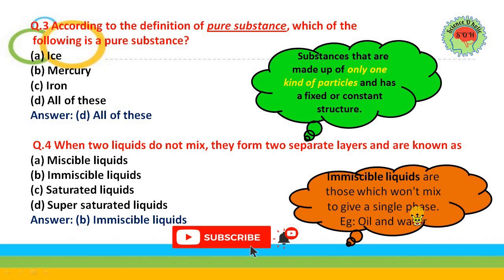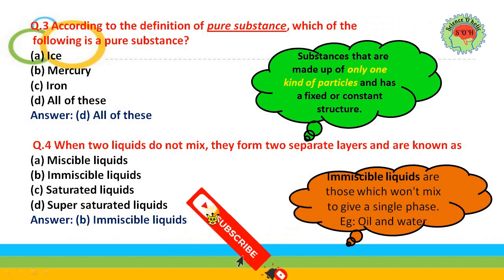Even when we mix vigorously, we don't get a single phase. An example is oil and water. This is called immiscible liquid. For miscible liquids, an example is when we mix water and milk. So option B, immiscible liquid, is the correct answer to question number 4.